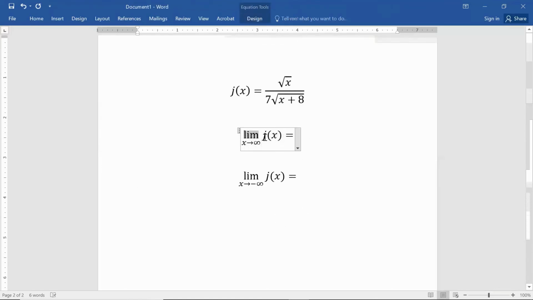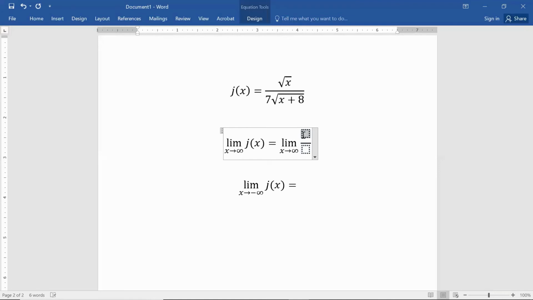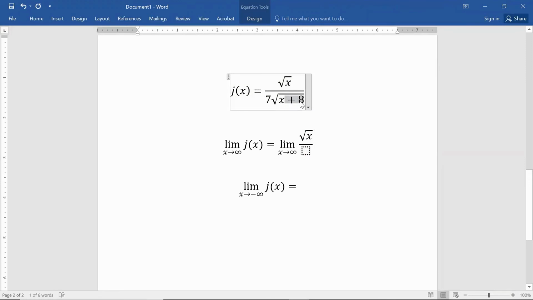The other function that we want to figure out is j of x. In a similar way, we can focus on the main aspects of the numerator and denominator. In the numerator, the square root of x is taking control. That's the only thing in there. In the denominator, when x gets really, really big as a positive value, this plus 8 is not going to contribute much.